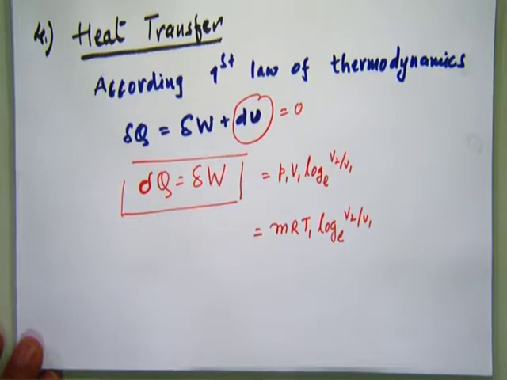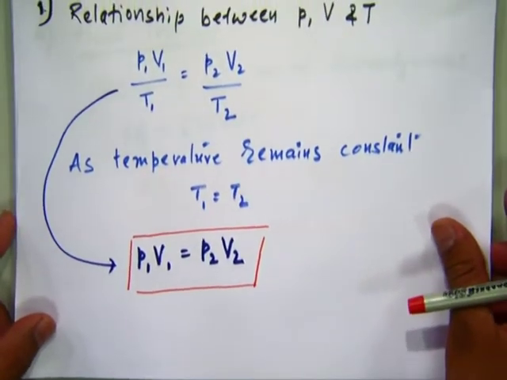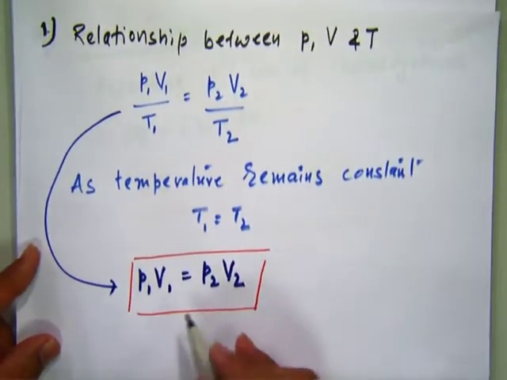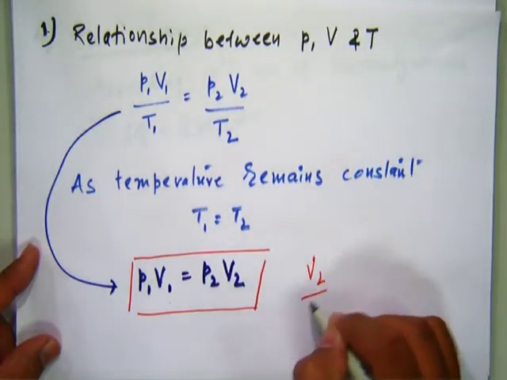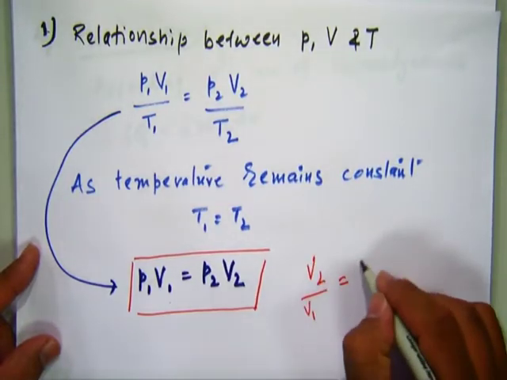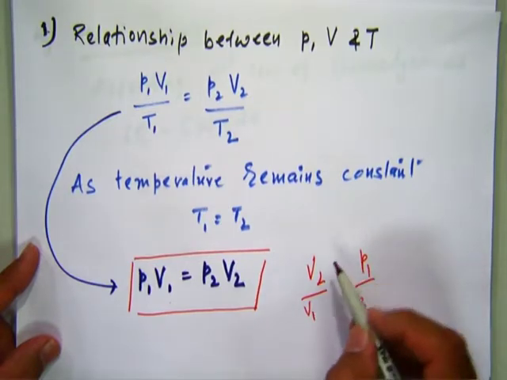Now, we have seen the relationship of PVT. In the relationship of PVT, P1 V1 is equal to P2 V2. So V2 upon V1 is equal to P1 upon P2.